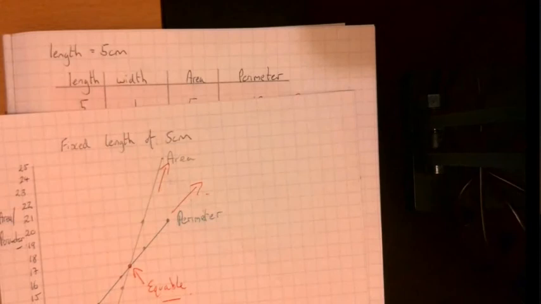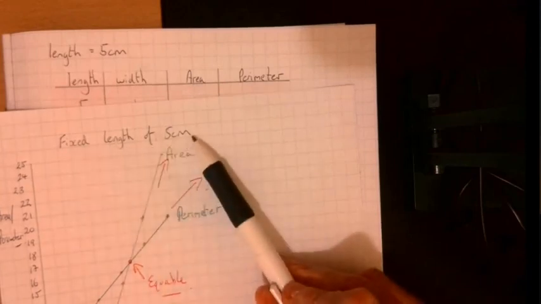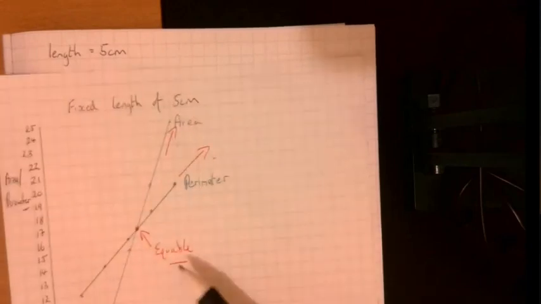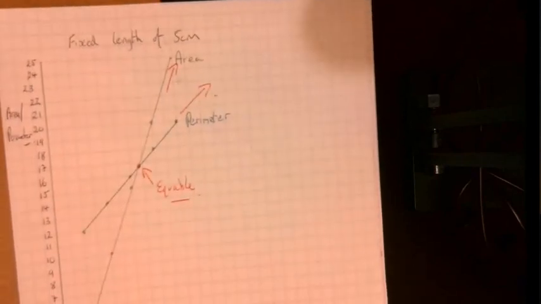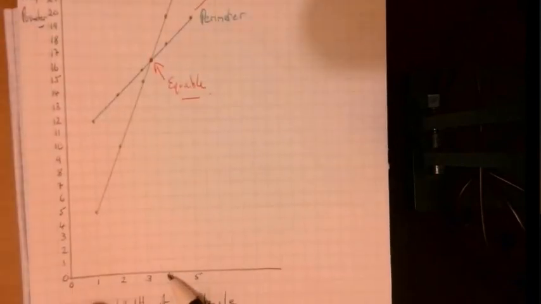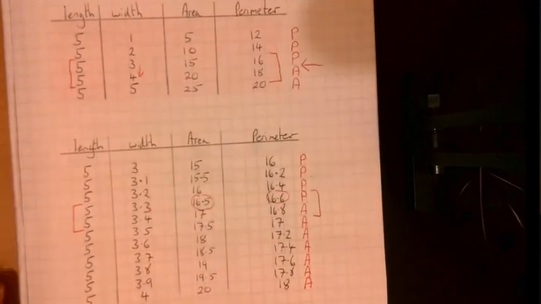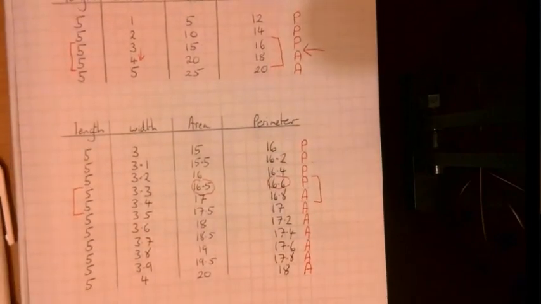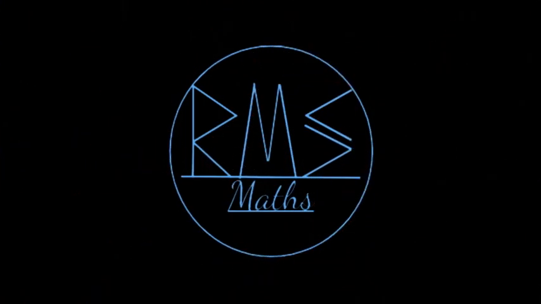The idea behind that is that they will not come back together again. So when I've got a fixed length of 5, that's not going to happen again, is it? We're only going to have this solution, 3 point a bit. Looking at that, and obviously we open up the table, don't we? Look at the table to explore that further. So hopefully there are some ideas about where you should be taking this work. So let's keep going. Have a go.